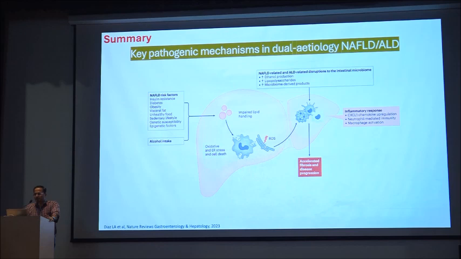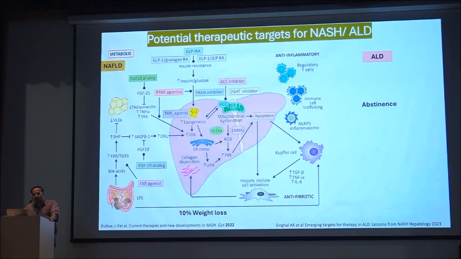They are super additive. So with this background, coming to the treatment options, although the FDA has recently approved the THR beta agonist resmetirom for NAFLD, otherwise there is no FDA-approved drug for either condition, ALD or NAFLD.